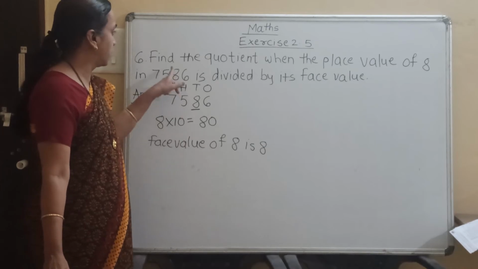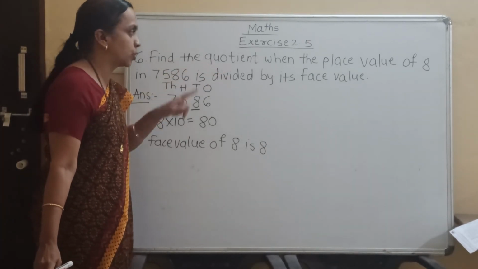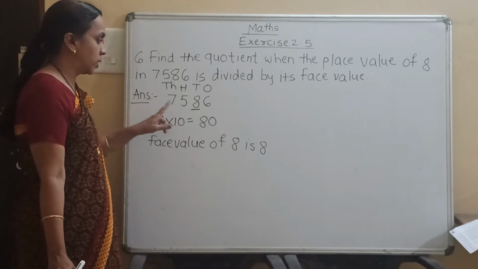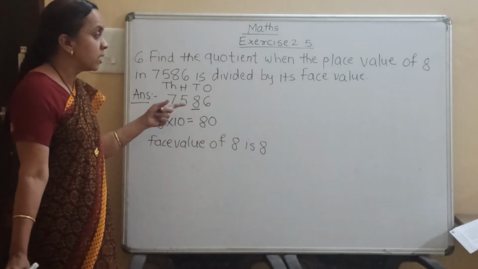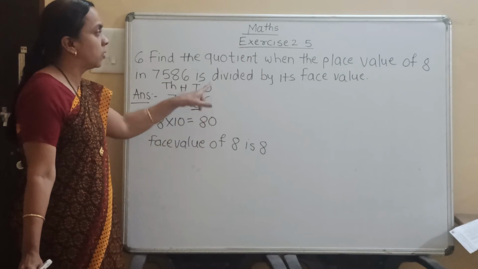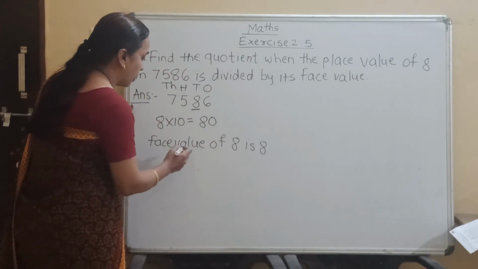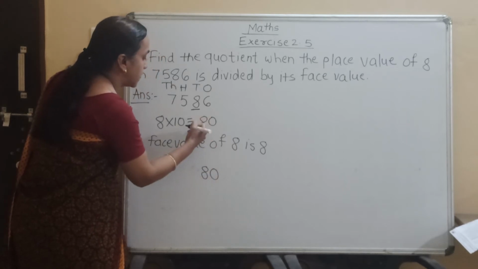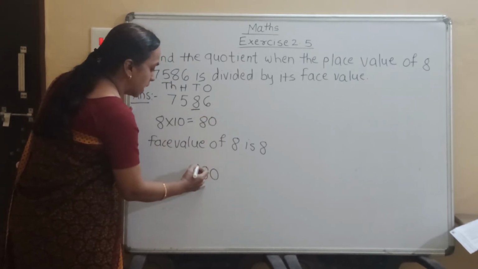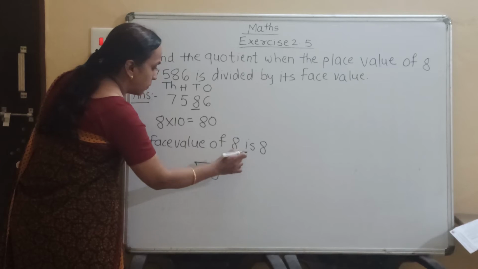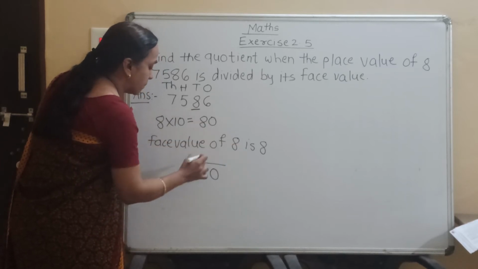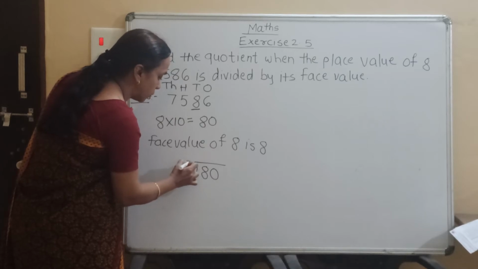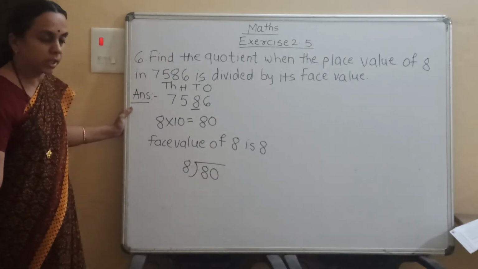Now what do we have to do here? We have to find out the quotient. Quotient means what? Whenever we divide one number by another number, the answer is known as quotient. So the place value of this 8, which is 80, is divided by face value of that particular digit. So face value of this 8 is 8. So we have to do division here.